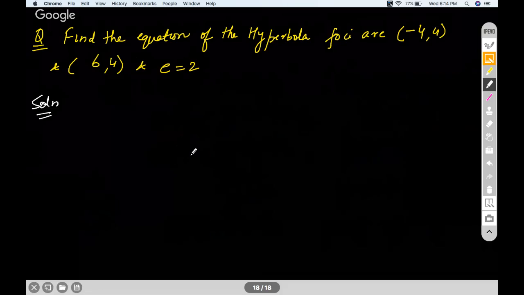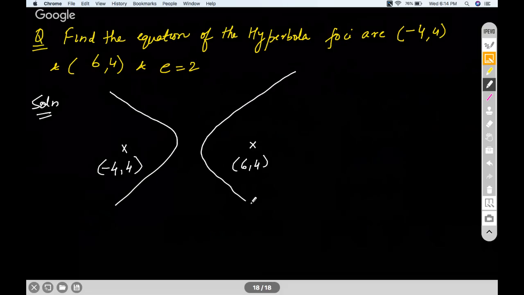So first draw the diagram for this. Everything will be very evident from there itself. Your foci are at 6 comma 4 and minus 4 comma 4, right? So this is the nature of your hyperbola.